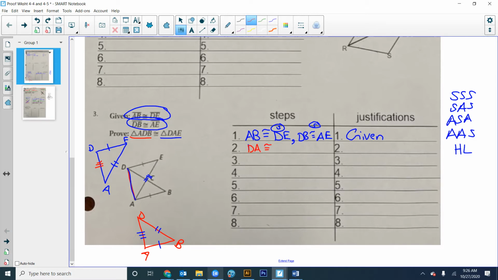Reversed order or same order? Remember how to tell? Yeah, so DA in that triangle is AD in that triangle. You see it? That's the reflexive property.